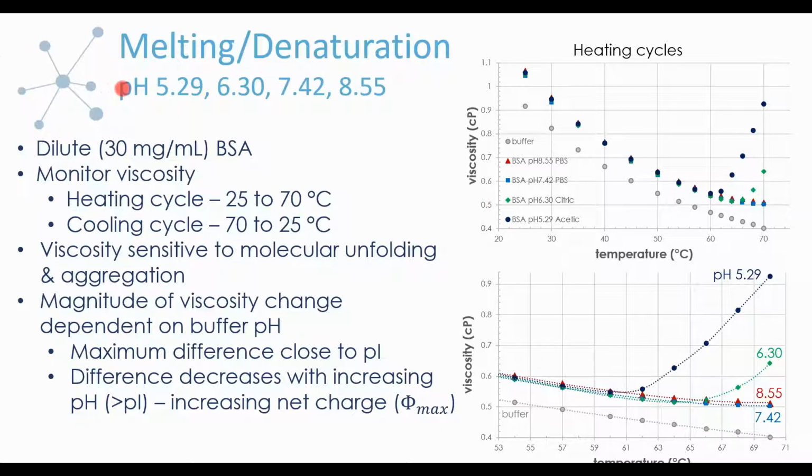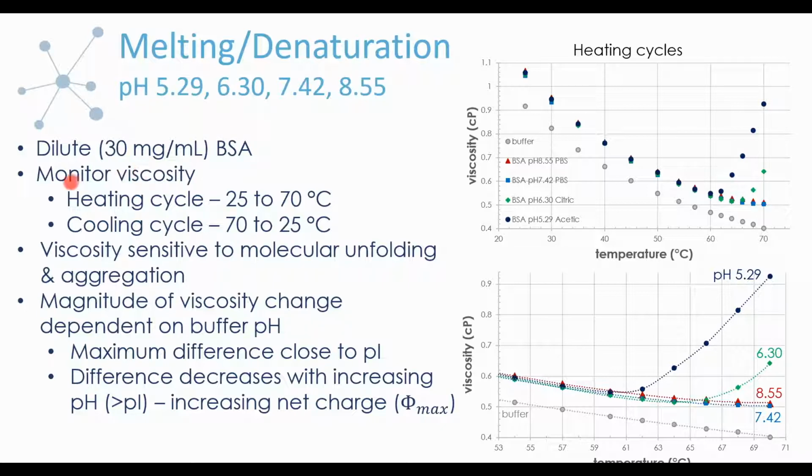We're looking at dilute concentrations of the BSA, so we don't actually gel up the system. We still have a fluid, but the viscosity can change. We're going to adjust the pH from something close to the isoelectric point, very weakly anionic, and then systematically move up to higher and higher pHs.